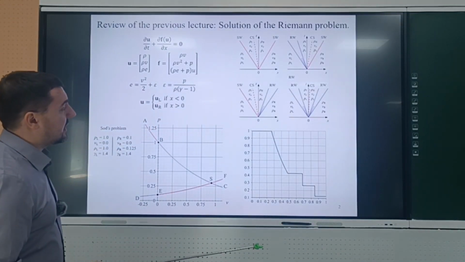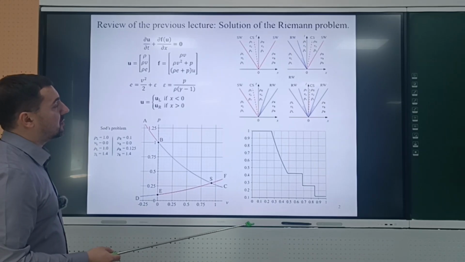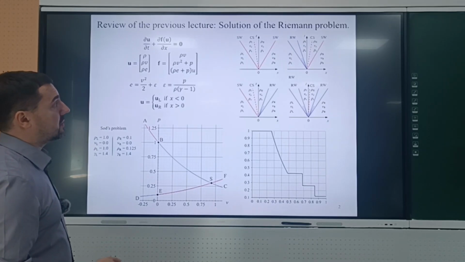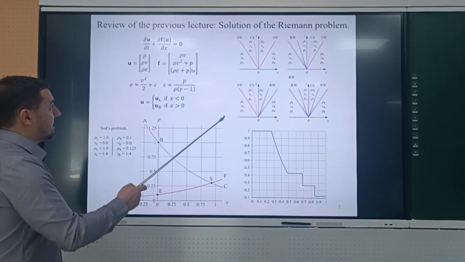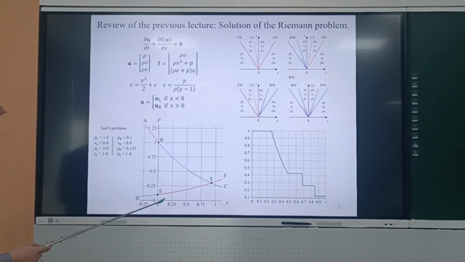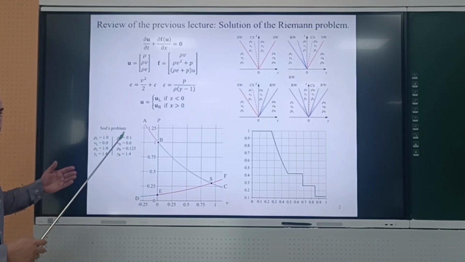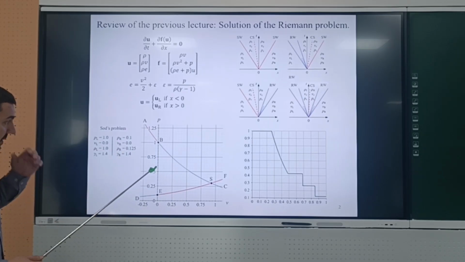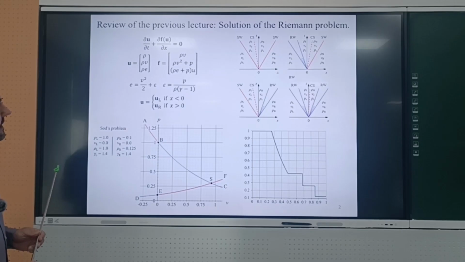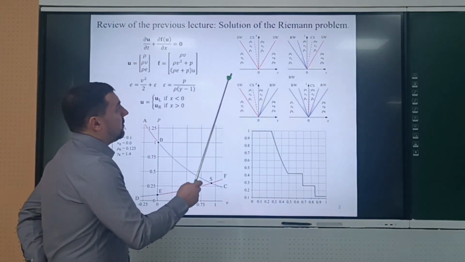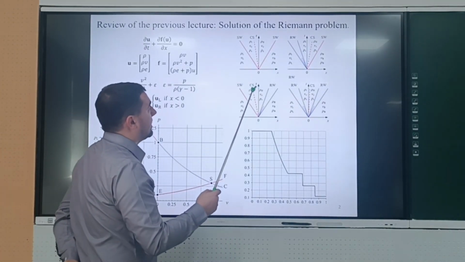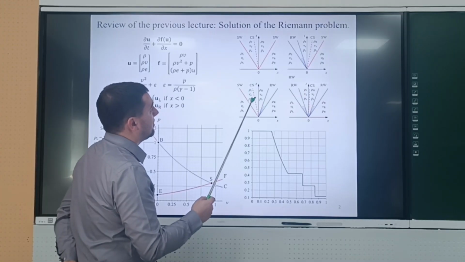And we discussed that there are 4 possible configurations of the solution. The solution of this problem should be self-similar because there are no parameters with the dimension of time or space, and only one of these 4 configurations is possible.